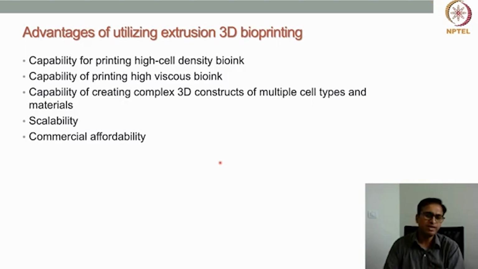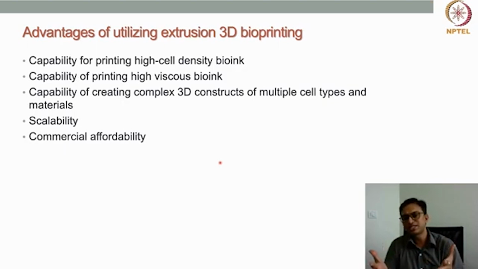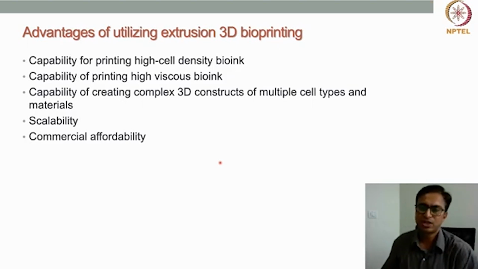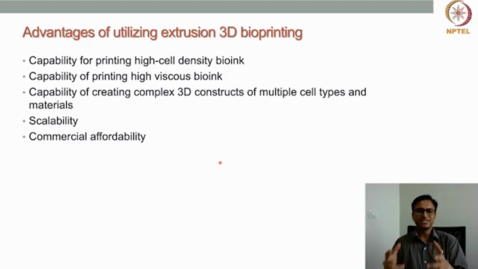Then the next advantage is the scalability. Now, printing small structures is possible with different other technologies, but suppose we are trying to reach centimeter scales of tissue, where we are interested to print a big tissue with all the inherent complexity, all different types of cells, suppose inherent vasculature.